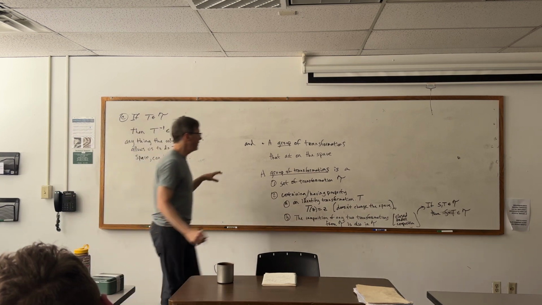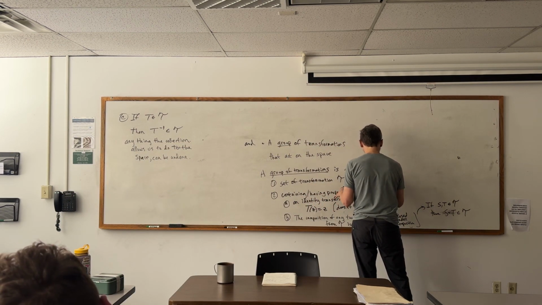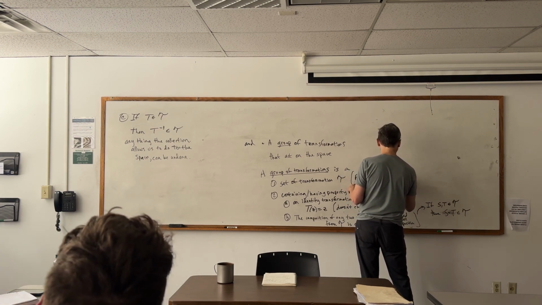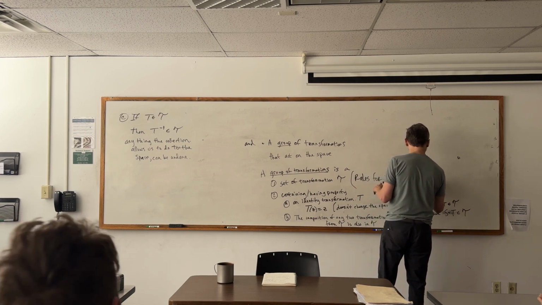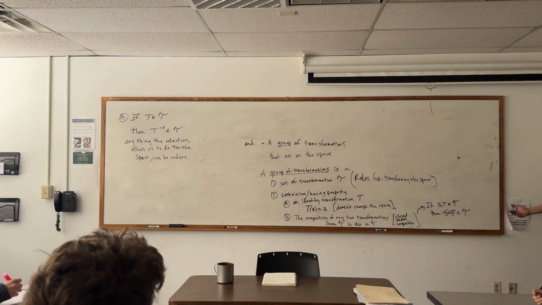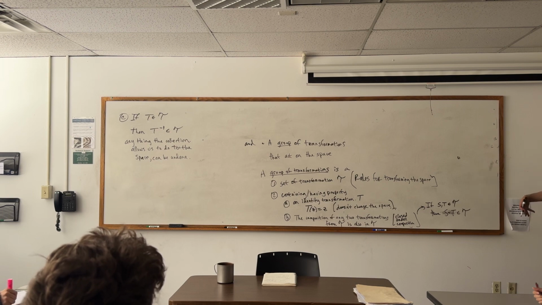So again, you might want to think these are our rules for transforming things. And today we're just going to really hang out with these ideas and look at things that are this and things that aren't this and think about them together.